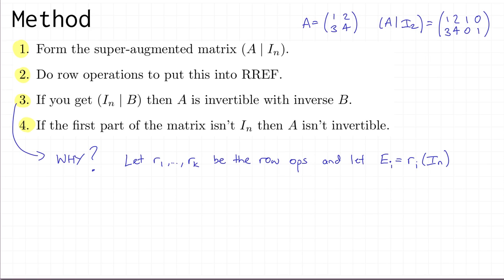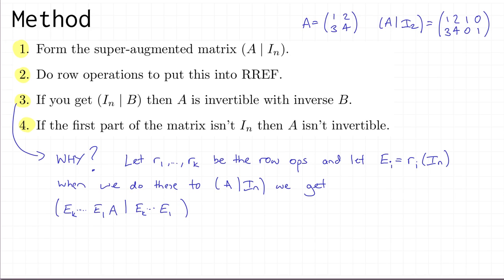So what we have is that when we do these row ops to the initial matrix A and then the identity, we get, well, you'll have Ek down to E1 multiplied into A, and then you'll also have Ek down to E1 multiplied into the identity, which is of course just Ek down to E1.